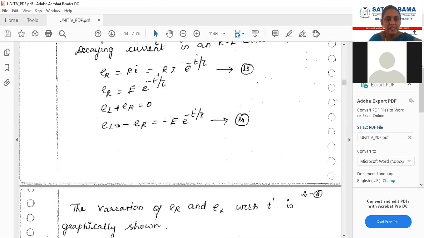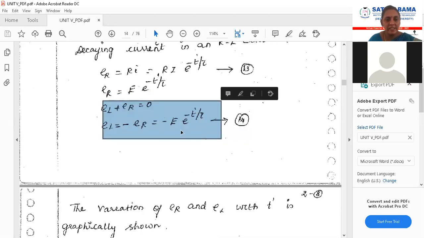So you will write it as ER plus EL is equal to 0. Now, you know ER value, just rearranging, you can write EL value. EL is equal to minus E into e power minus t by tau.